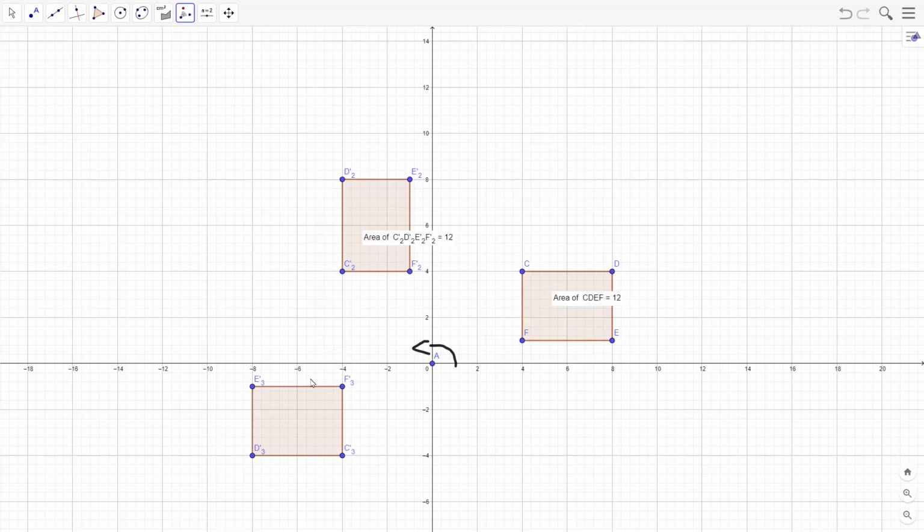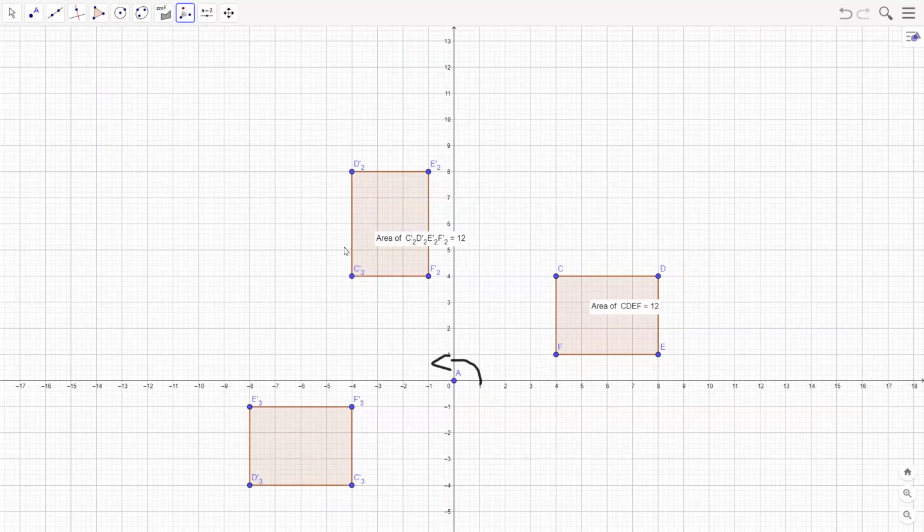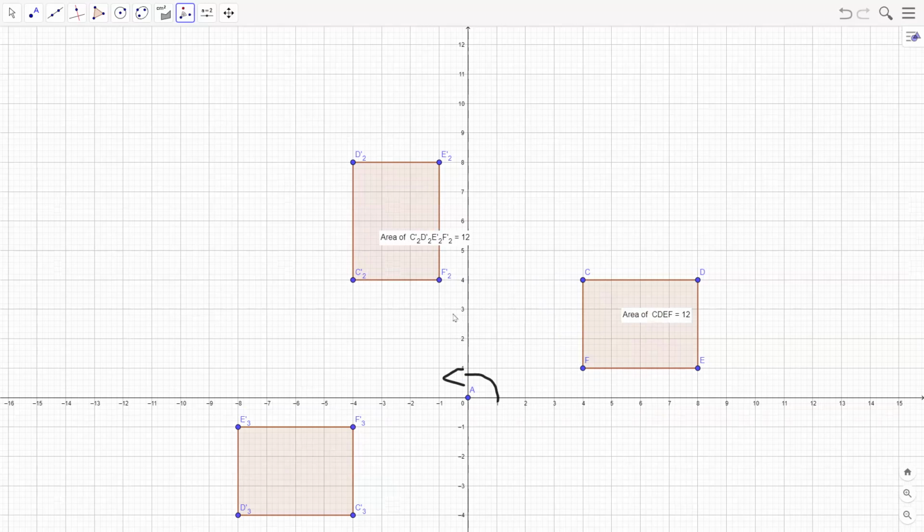Now I've got this figure right here. Since it's at 4 comma 1, and it's rotating twice, it's going to be minus 4 comma minus 1, because in the third quadrant you have minus x, minus y.